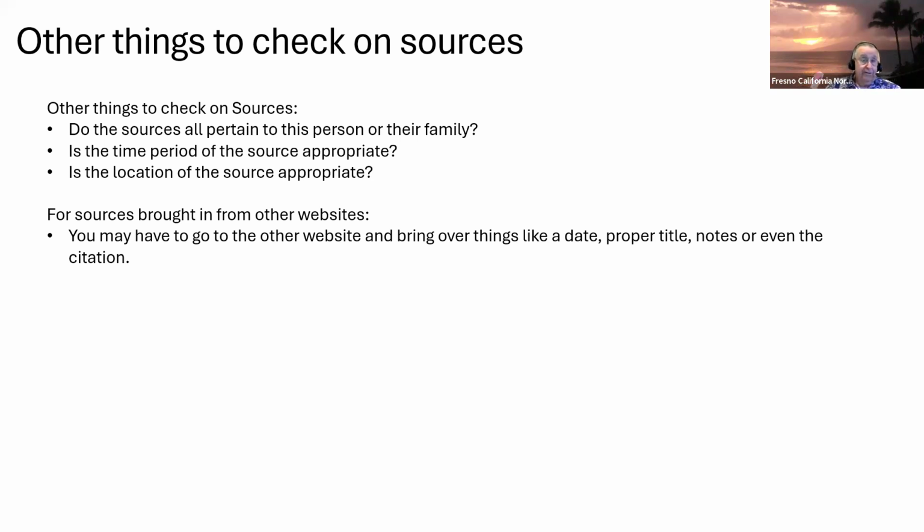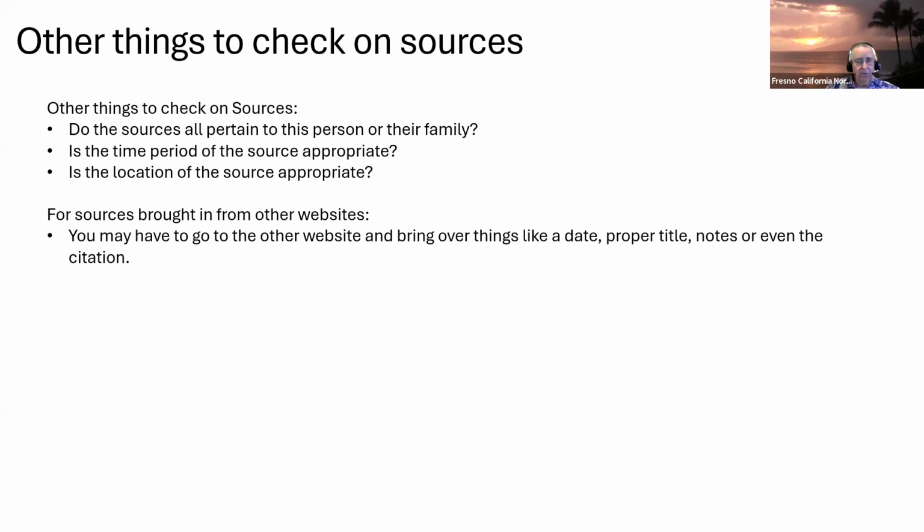But you also kind of need to check it to make sure that the source belongs to the correct time period. If you're talking about a couple that were married in the late 1700s, and this is a birth record for a child in 1904, well, I doubt that's the same person. Or if you're talking about a family that lived in Maine, and this is a source from Devonshire, England, probably not the same person.